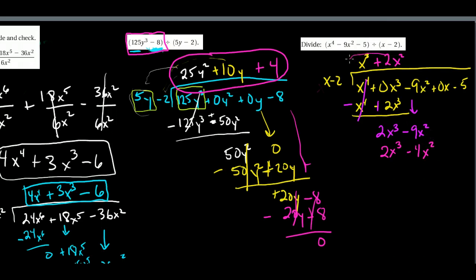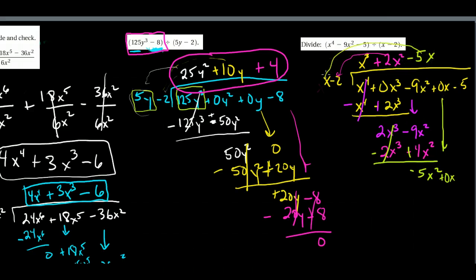When I distribute it to there, I subtract by changing the signs and adding. Those cancel, and I've got negative 5x squared. Bring down the 0x, plus 0x. And I get negative 5x squared by subtracting 5x.